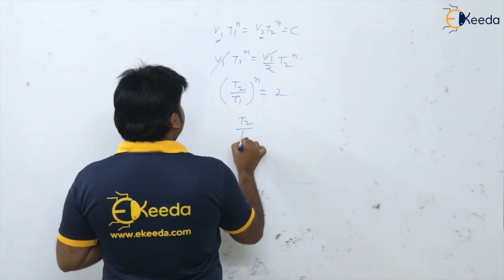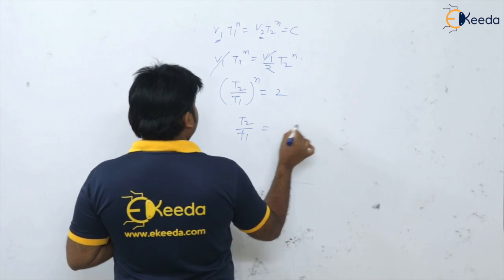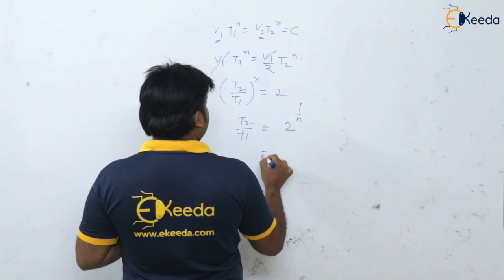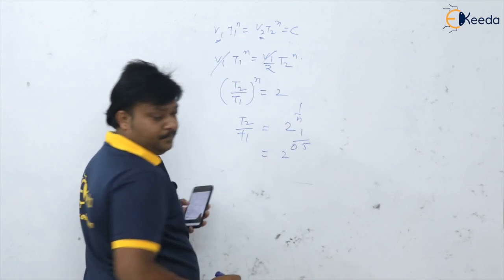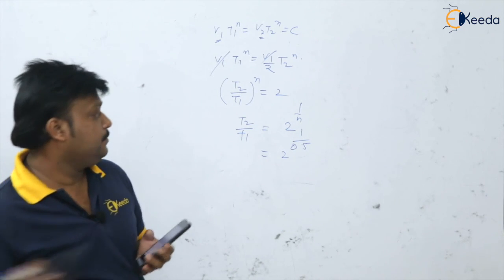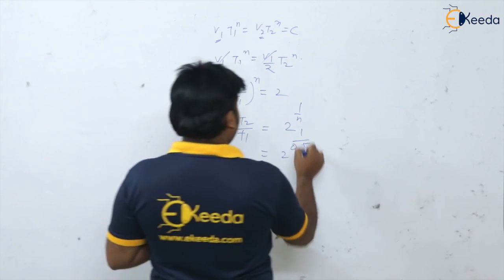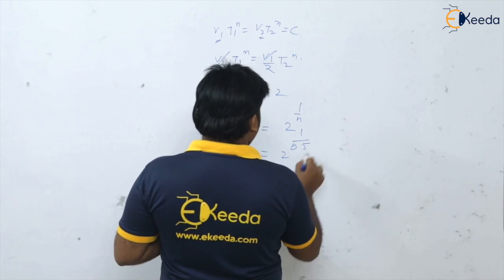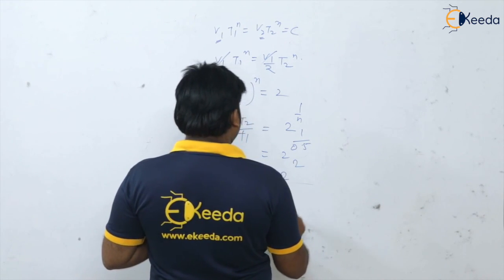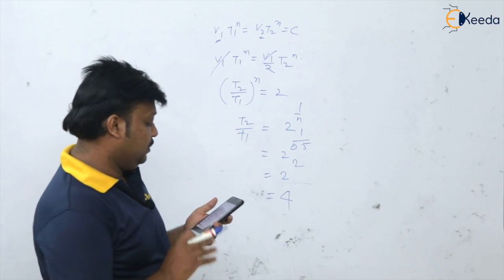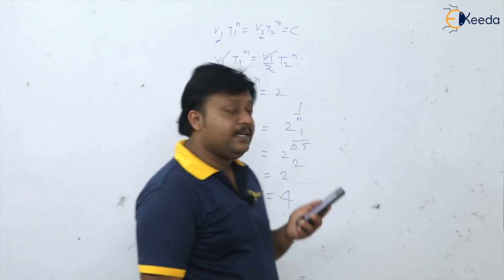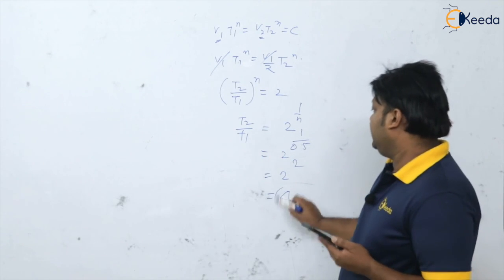So T2 by T1 is 2 to the power 1 upon n. 2 to the power 1 upon 0.5 is 2 to the power 2, which is 2 square, equal to 4. So new tool life will be 4 times the original tool life. Options are 4, 2, 1 and 0.5. So 4 is the correct answer.